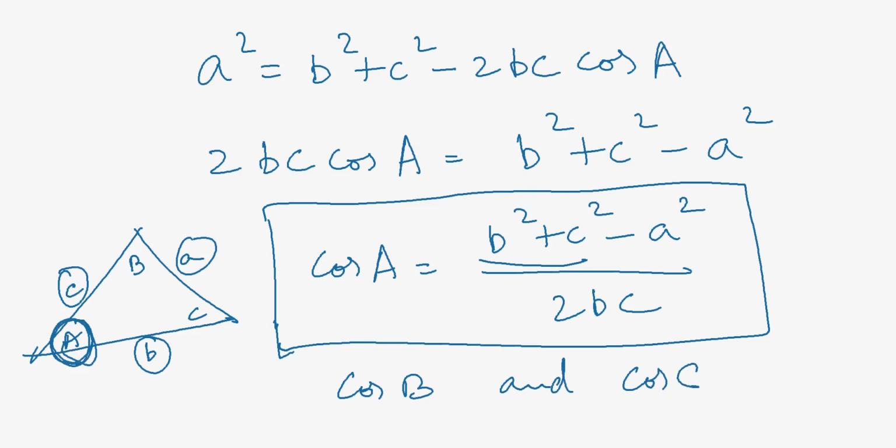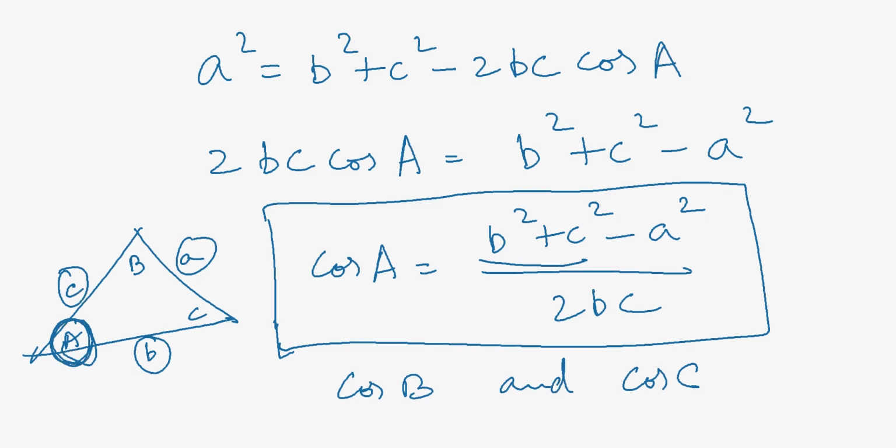Whenever we have a non-right angle triangle and, say, you know two sides and one angle and want to find the other angles, we could use the sine rule or cosine rule depending on what is known to us. When you know two angles and one side, the sine rule comes into the picture.